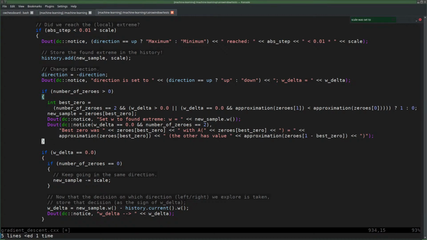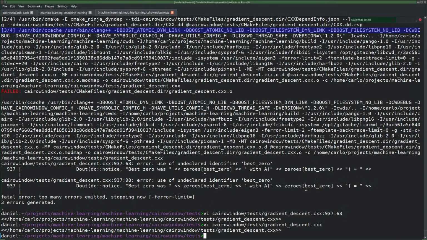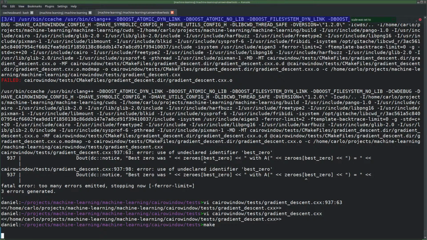Shameless plug for libcwd here. So this only prints it when the debug channel notice is on and this condition is true. Compile.